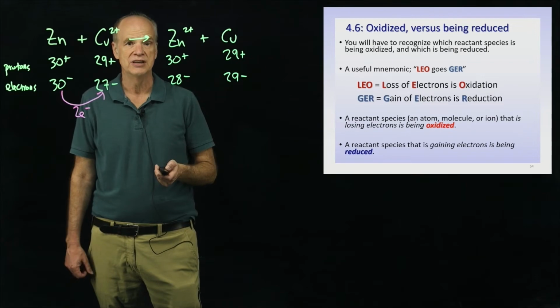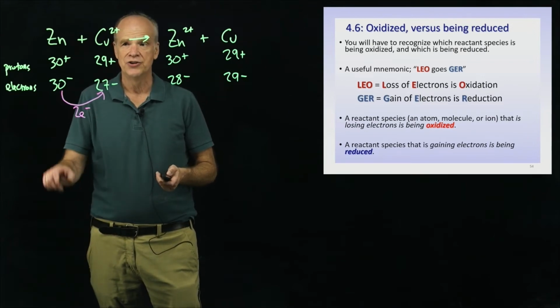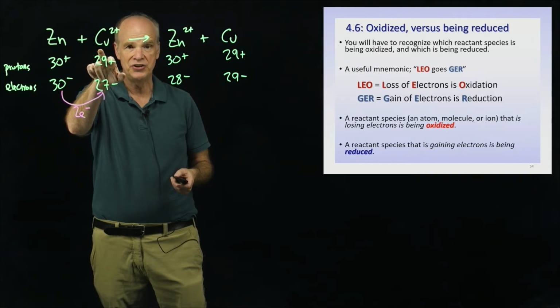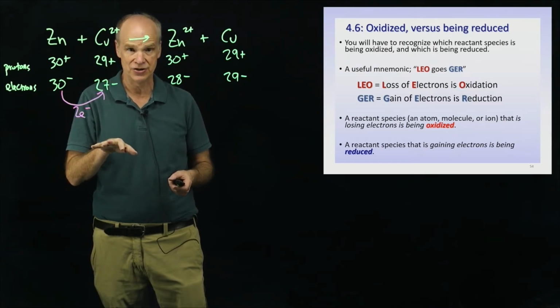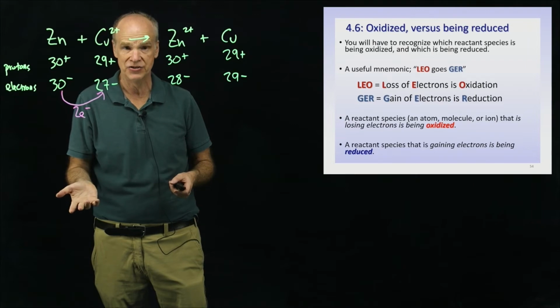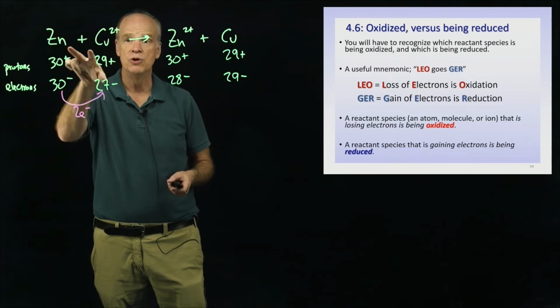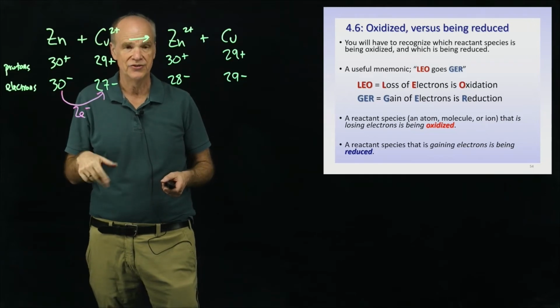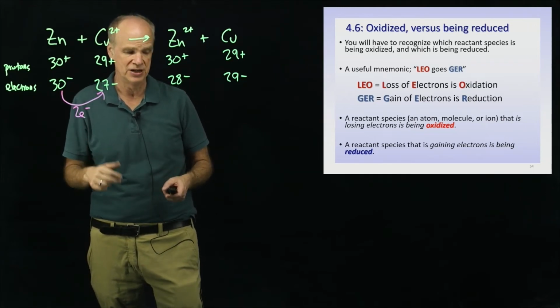GER stands for gain of electrons, reduction. So let's see which of these 2 reactant species is losing electrons, meaning it's undergoing oxidation or being oxidized, and which is picking up electrons, meaning it's gaining electrons and becoming reduced.